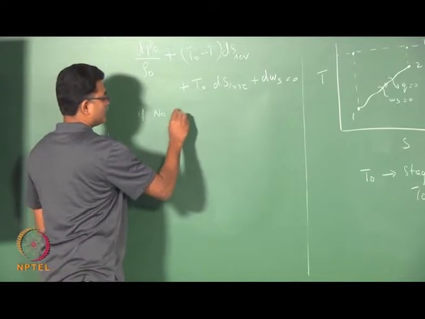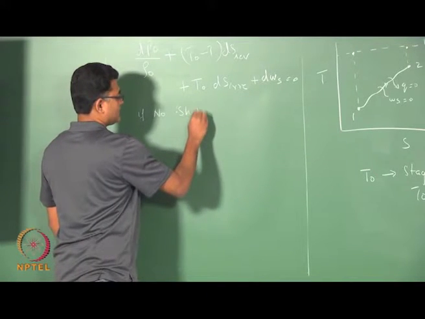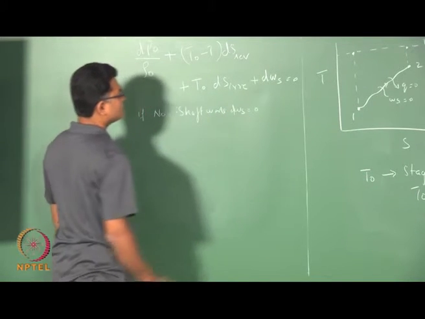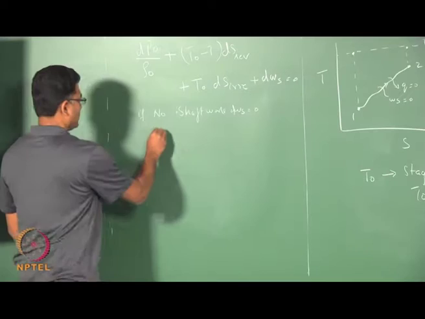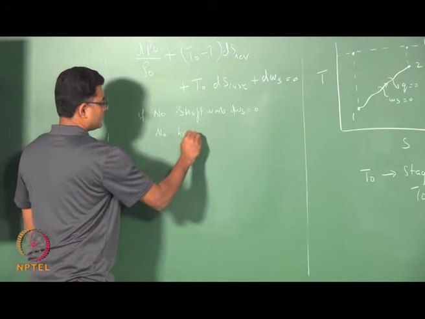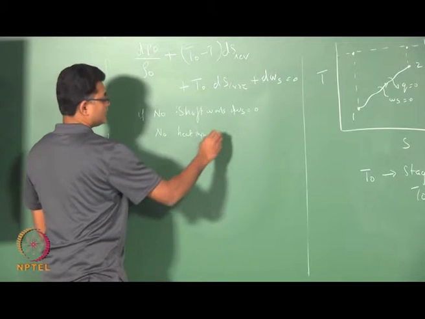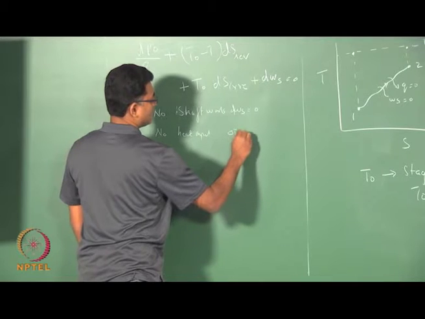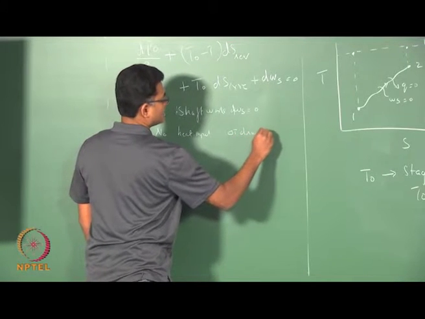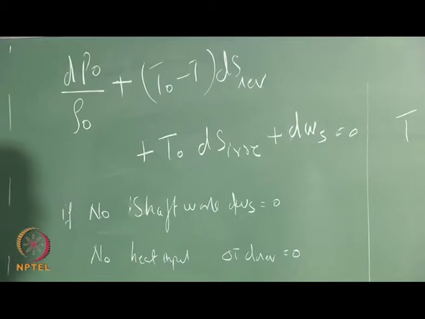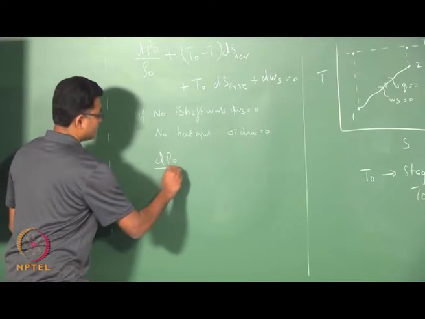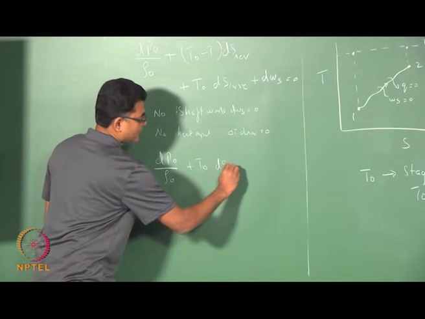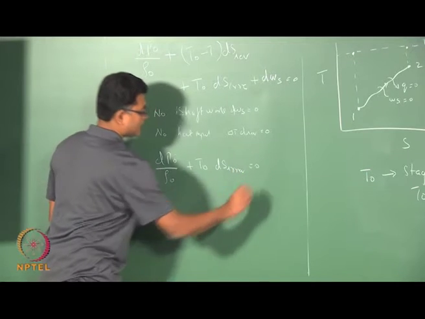If no shaft work, ws is 0, no heat input, so my second term is 0, ds reversible 0. So what is left is dP0 by rho 0 plus T0 ds irreversible equals 0.